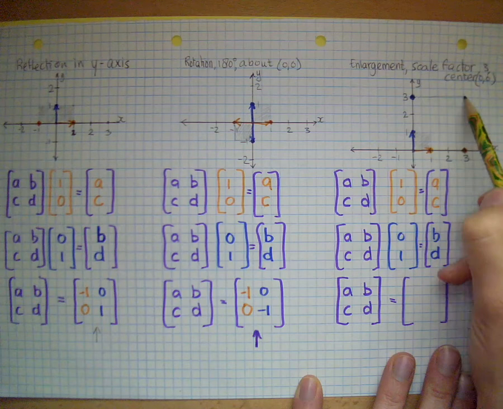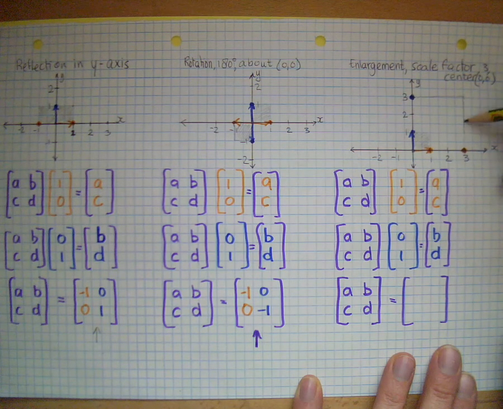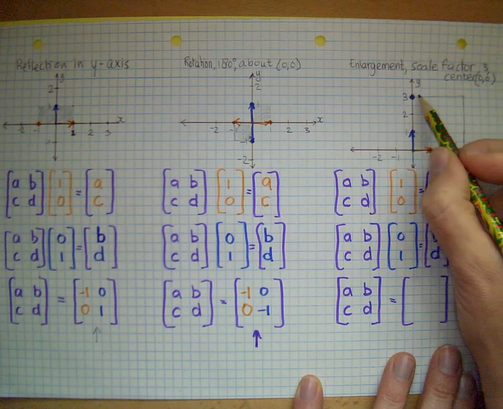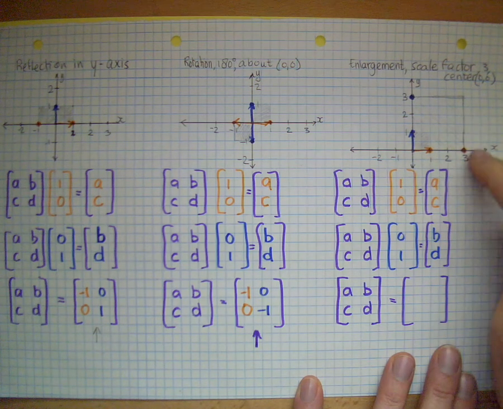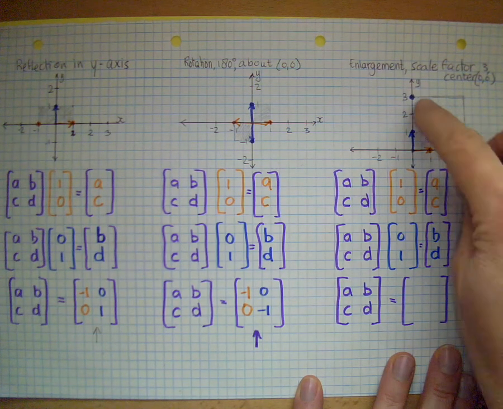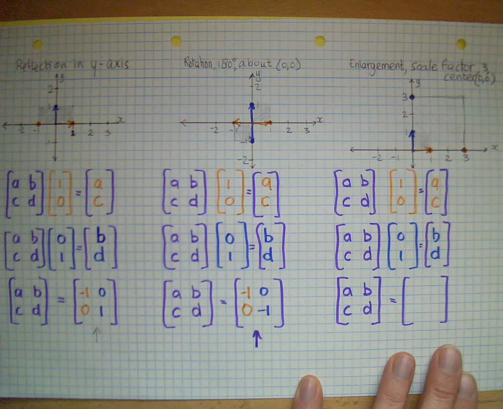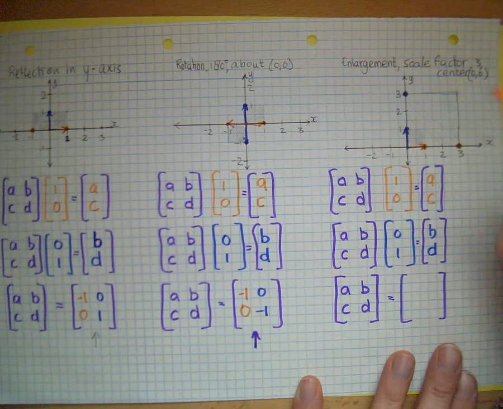And the resulting little square now became a big square. Okay, this is our resulting shape and the two resulting vectors. So what happened here?